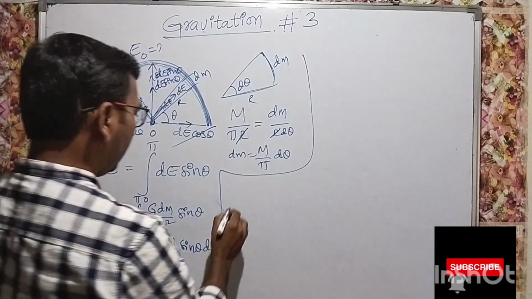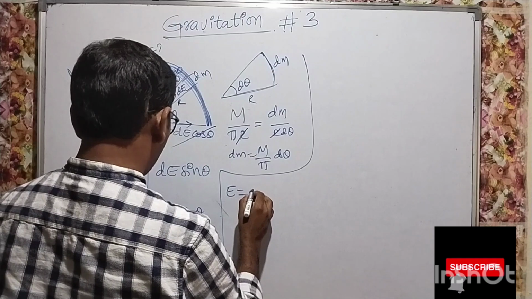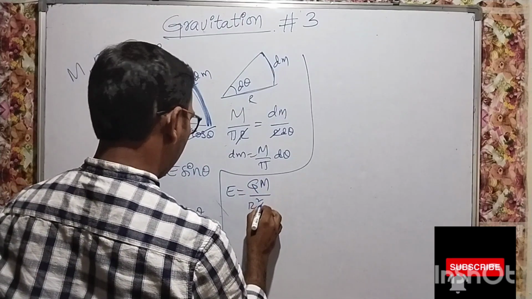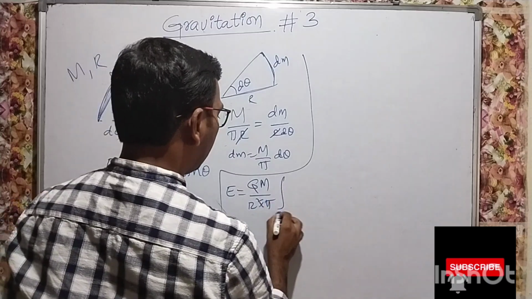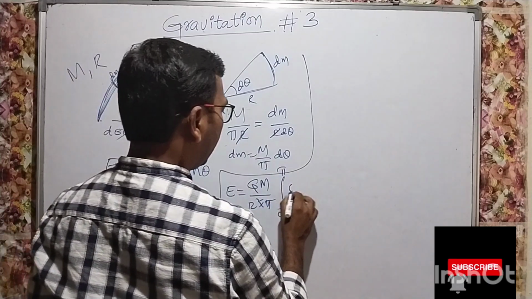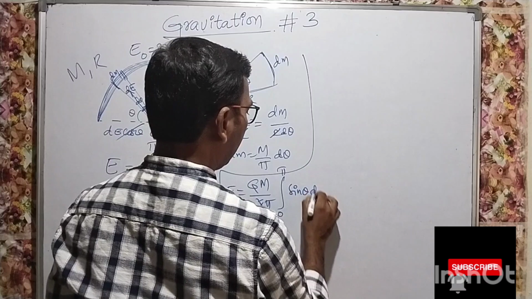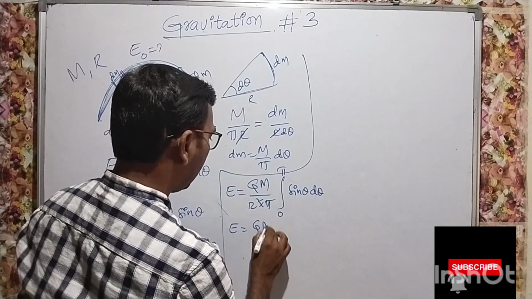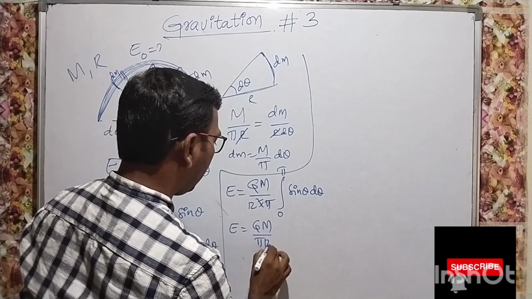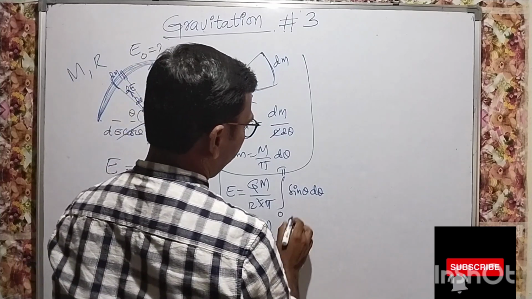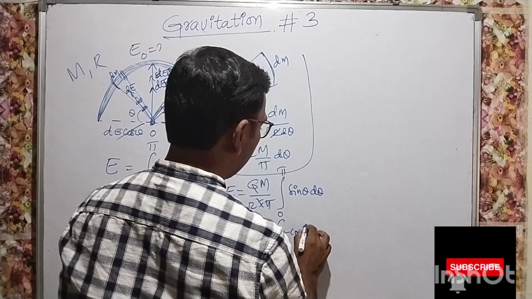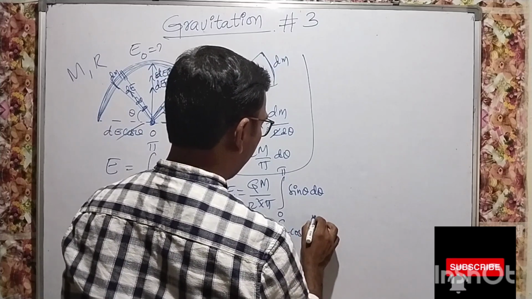So E is equal to capital G capital M by pi r square into the integration from 0 to pi of sin theta d theta. The integration of sin theta is minus cos theta, with limits 0 to pi.